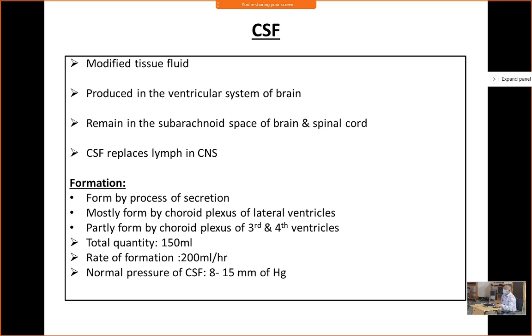The normal pressure of CSF is 8 to 15 millimeters of mercury. Suppose this pressure is increased, what will happen? It will compress our brain tissue, and then our function will deteriorate. To maintain the pressure, we have to evacuate the CSF.